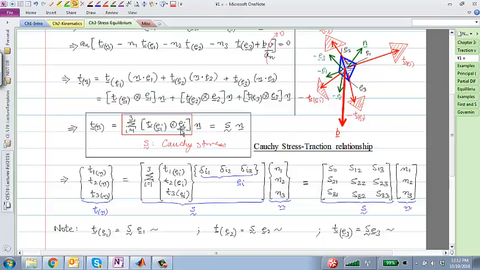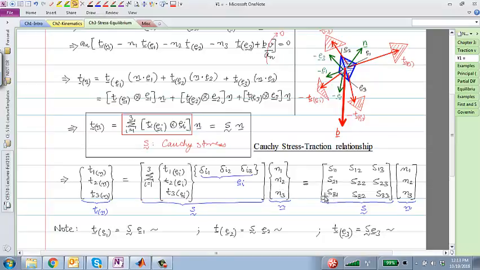What does that mean? This is nothing but the three components of the traction vector on any one of those faces. So let's say this face E1 dyad with E_i. I hope you can see that E_i is nothing but delta_i1, delta_i2, delta_i3. So for example, if it is E1, then delta_11 would be 1, delta_12 and delta_13 would be 0. This is nothing but the expansion of this, times N1, N2, N3, the normal components.